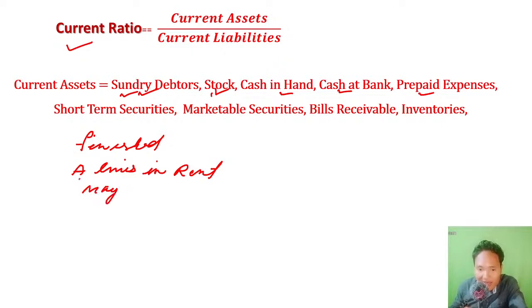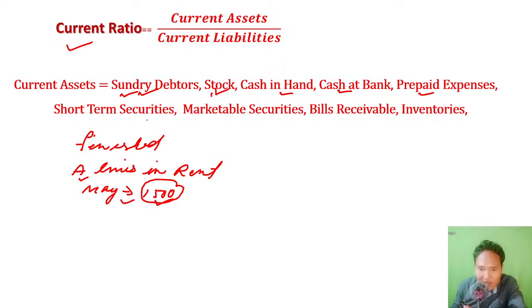If Mr. A pays the full amount for the month of May, for example 1500 is the rent per month, then some portion of this 1500 will be considered as prepaid, because Mr. A has not yet used the services. In simple terms, when someone pays something in advance without using the services, we call it prepaid.